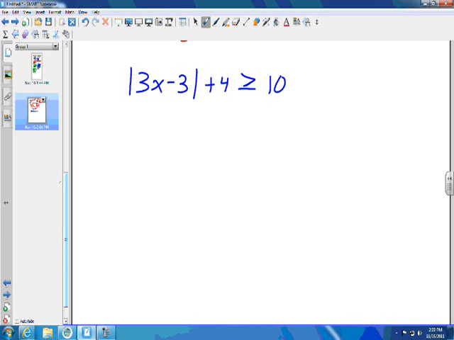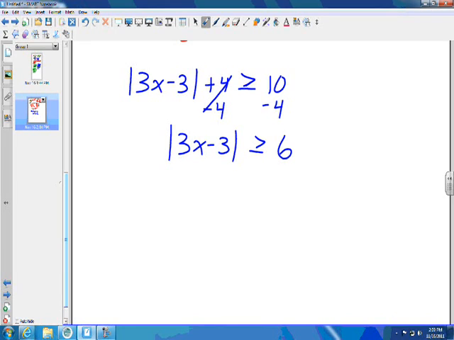So is the absolute value by itself? So what do we have to move first? Subtract the 4. So absolute value, 3x minus 3, greater than or equal to 6. Absolute value by itself. Now, yeah. So we split this up.